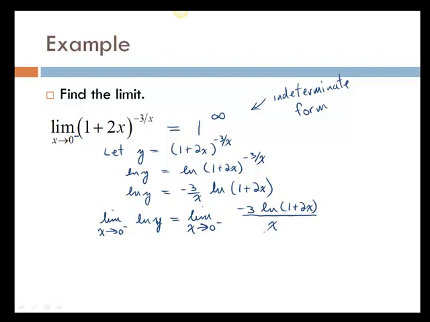Okay, so let's see what happens. I'm pretty much going to ignore what's on the left side. We've just got the limit as x approaches 0 from the left of the natural log of y. I'm going to leave it like that.